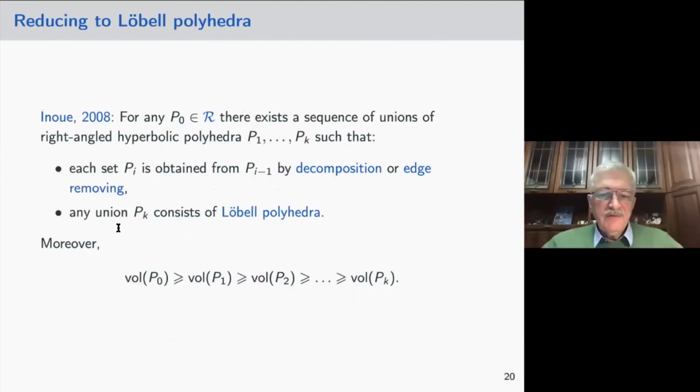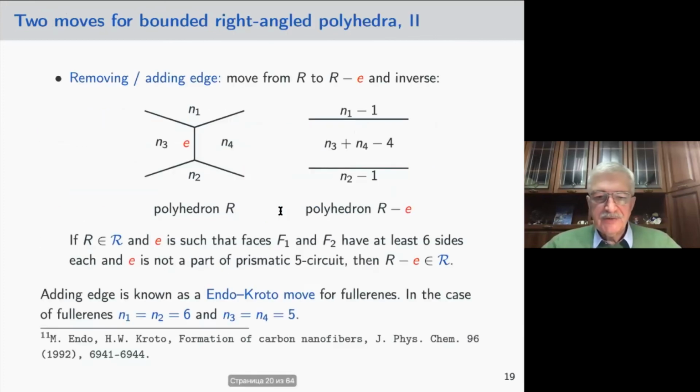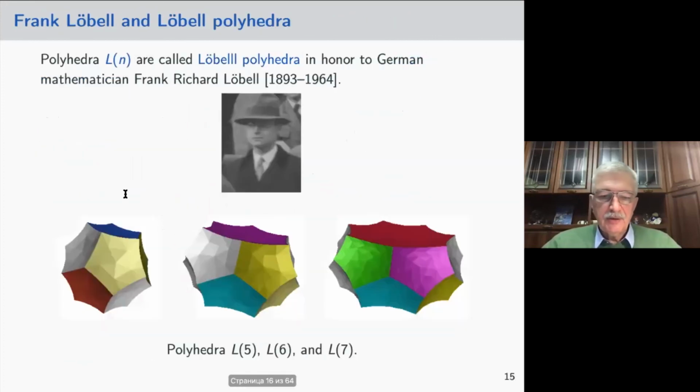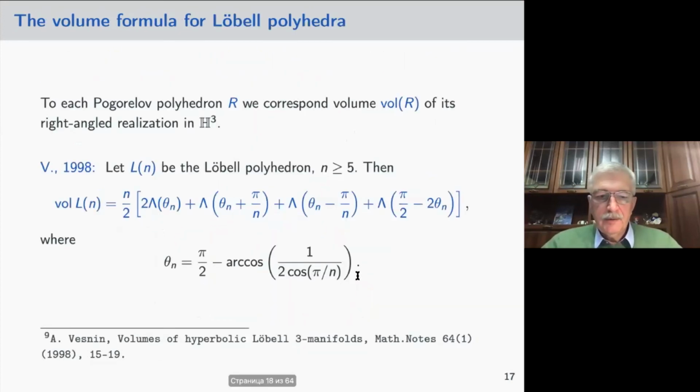So, as I said, you can decompose into a union of legal polyhedra. You cut and remove edges, and finally you get legal polyhedra, and they look like this one. For any of them, I have a volume formula depending on n.